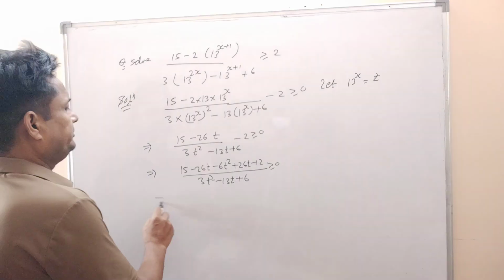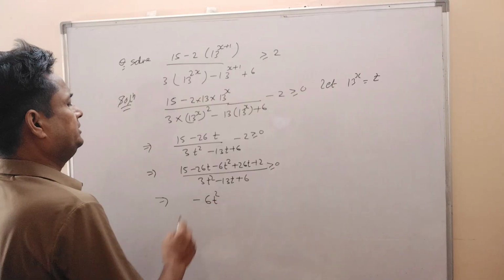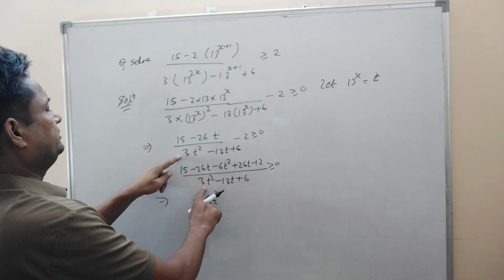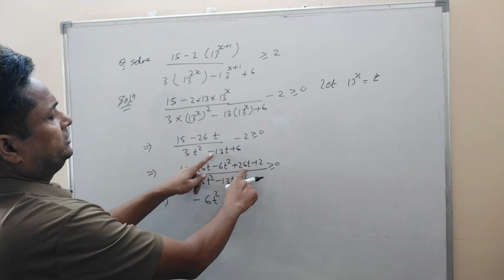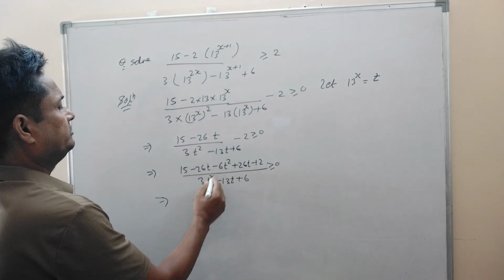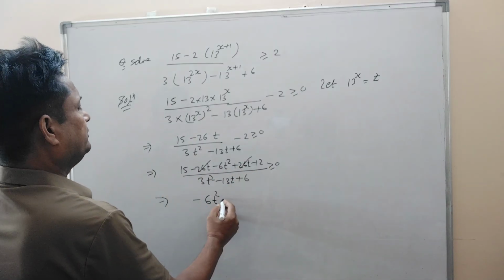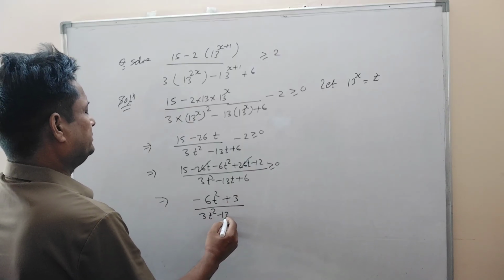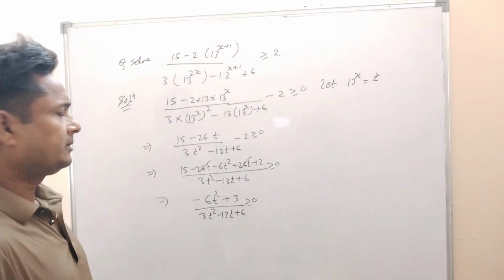Right. So simplify this term. So this will be minus 6t square. If you take LCM, this will be minus 6 and plus 26 and then minus 12. So this will be minus 6t square, this will cancel out, and plus 3, divided by 3t square minus 13t plus 6 greater than or equal to 0.